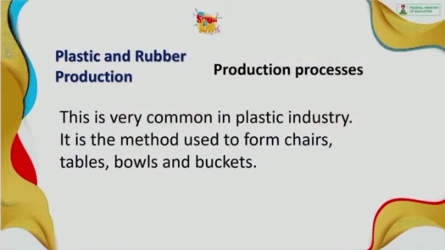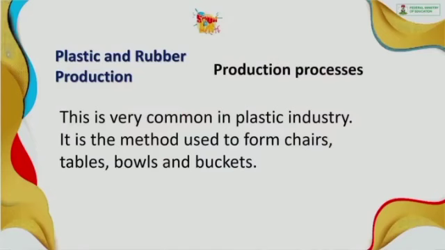So plastic chairs, plastic tables, plastic bowls, plastic buckets: in this process of injection, you inject the very hot molten plastic through a plunger into the mold, thereby making a replica of the mold, like our plastic chairs, plastic table, plastic bowl, and plastic bottle. It is the most common process of making plastic in our plastic industry.